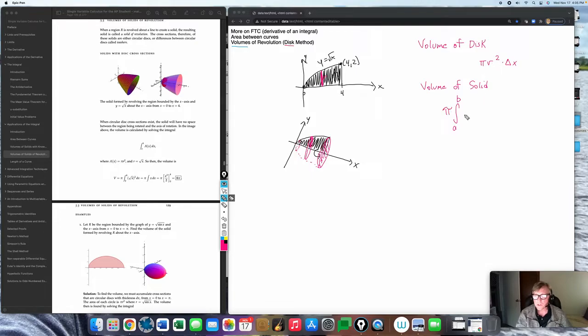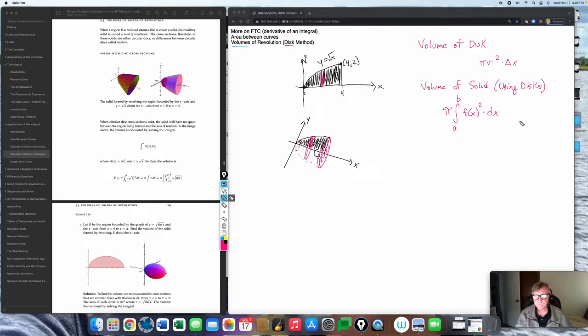The radius is the length from the function's y value to the x-axis, so that's f of x. We want to square the function's length, because it's r squared. And when we do the integral, our delta x turns into dx. So this is the formula to find the volume of a solid using disks.